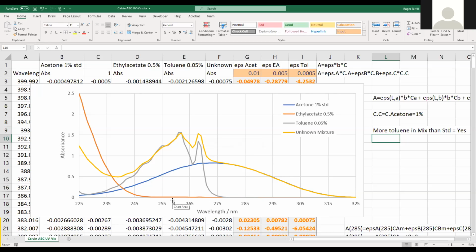Yeah. It does, doesn't it, right? So at 268 nanometers here, how much of the absorbance is due to the acetone in that unknown?